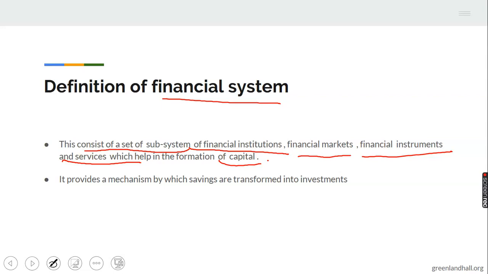Financial system provides a mechanism by which savings are transformed into investment. In other words, it enables savings to take place, and those savings are eventually converted into investment, so they are used to invest in different businesses.